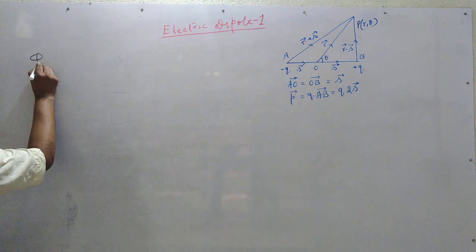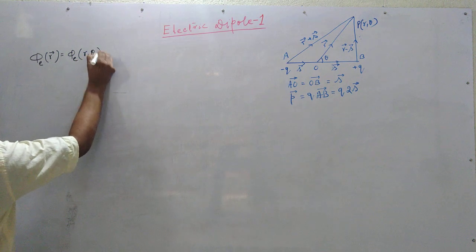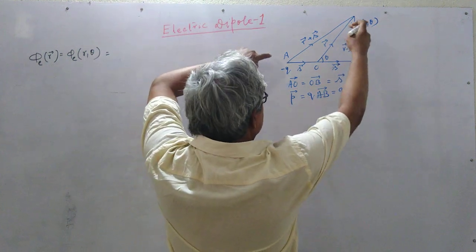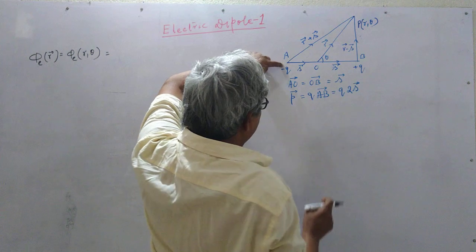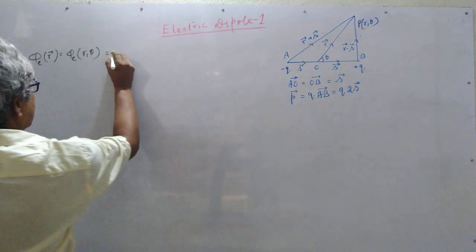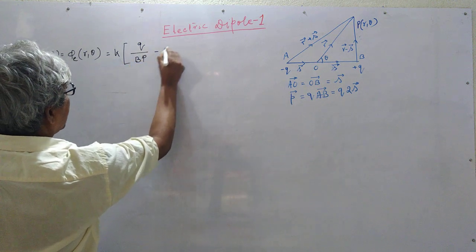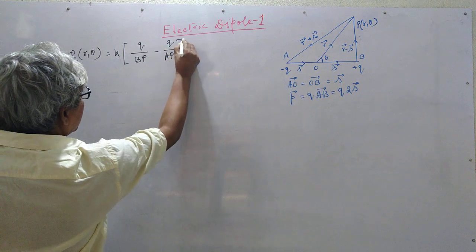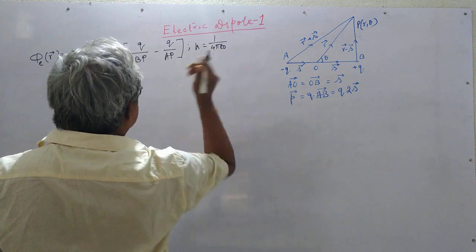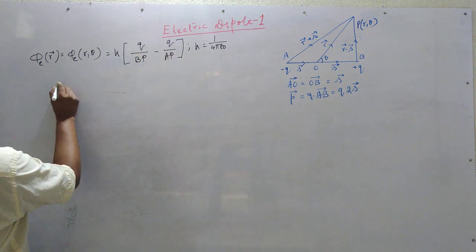So the electrostatic potential at r, which is actually r, theta, is the algebraic sum of the potential at P produced by minus q at A and that at P produced by plus q at B. So it is kq over BP minus kq over AP, where k is the SI factor when the charges are placed in vacuum.